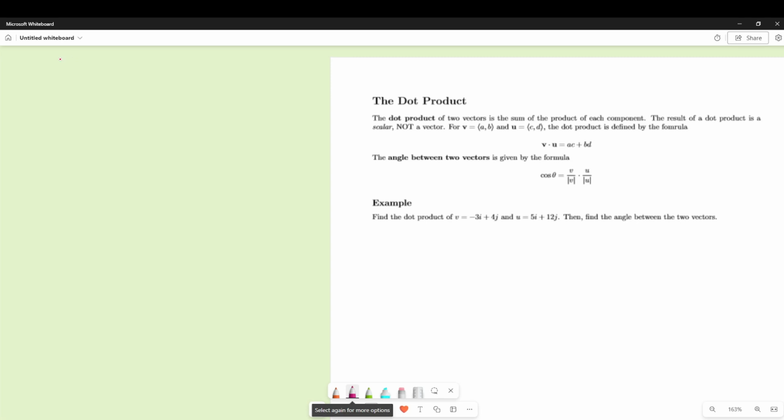So, there are two nice metaphors for multiplication. One is repeated addition. That's essentially what our scalar multiplication is.